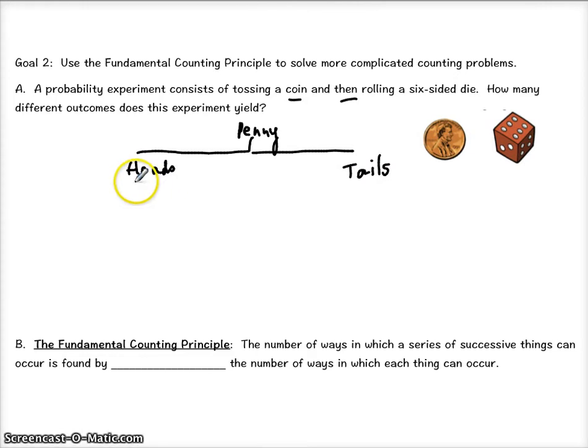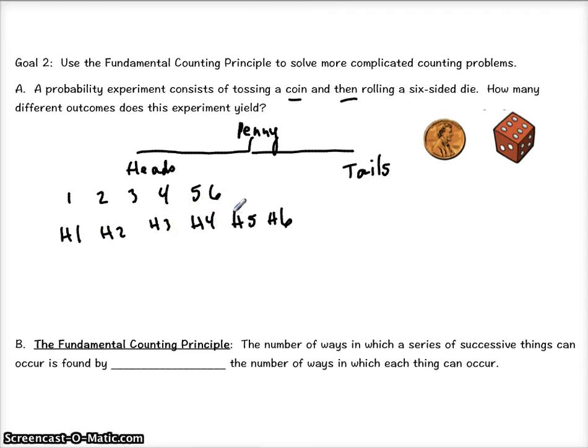So if we flip a head, we could roll on the die a 1, a 2, a 3, 4, 5, or a 6, which would give us a heads and a 1, a heads and a 2, a heads and a 3, heads and 4, heads and 5, or heads and 6.